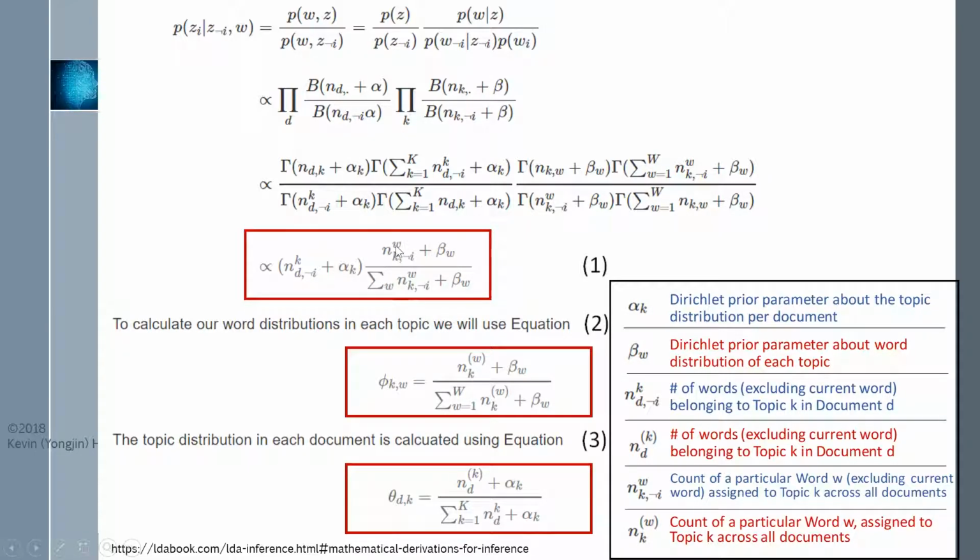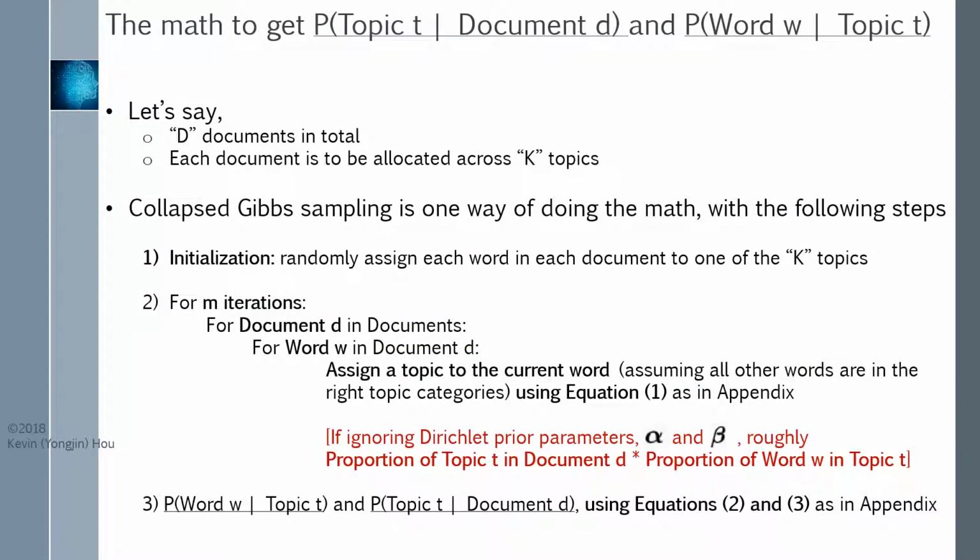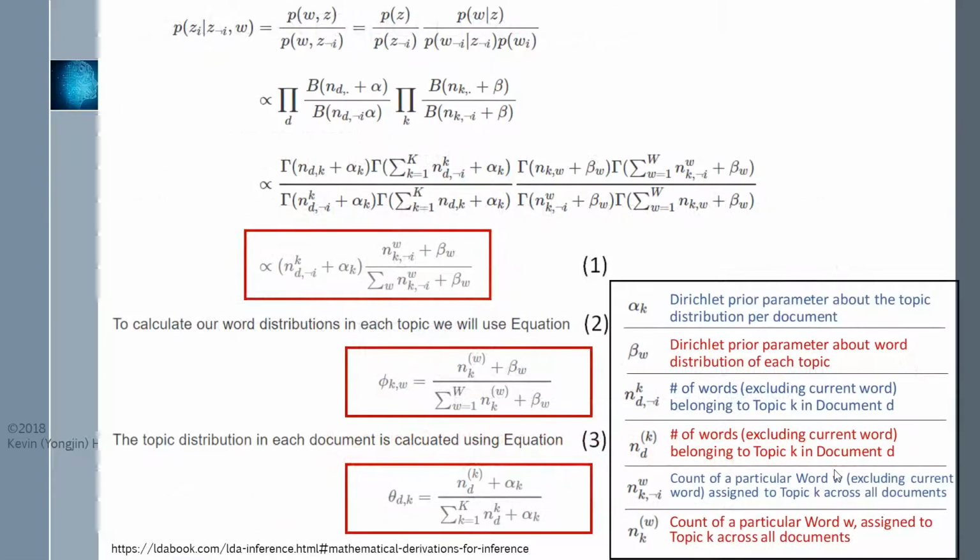And this portion tells us, given the current word, what is its probability of showing in the particular topic K. So this really gives us the proportion of topic T in document D and the proportion of word W in topic T, if we ignore the alpha and beta.